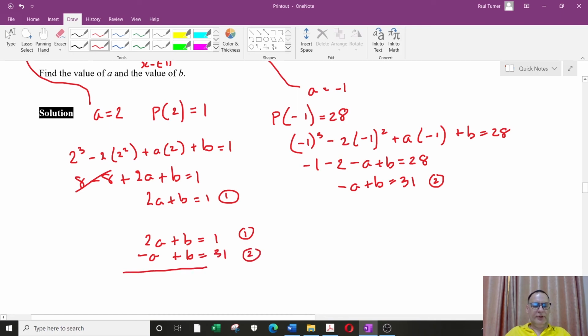So if we do it this way, we can see we've got b and b. So I'm thinking maybe we can subtract these. So 2a minus negative a would be 3a. b minus b is 0, which is good. 1 minus 31 is going to be minus 30. So from that equation, a must be minus 10.